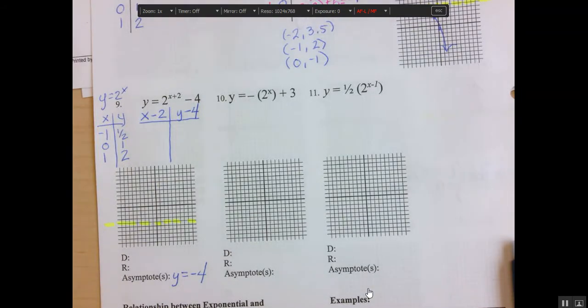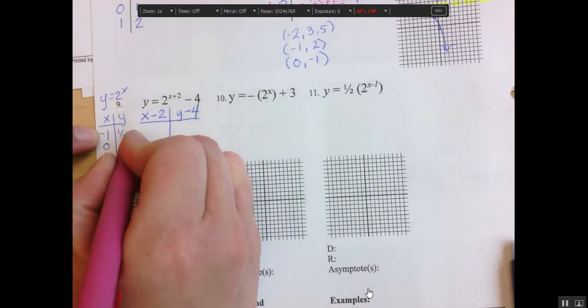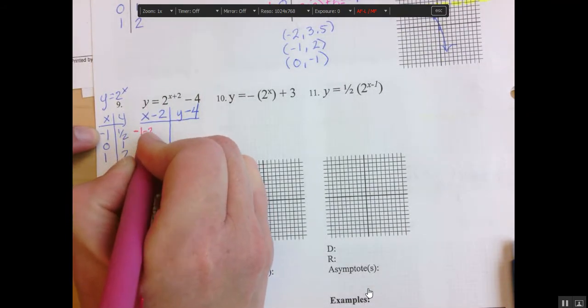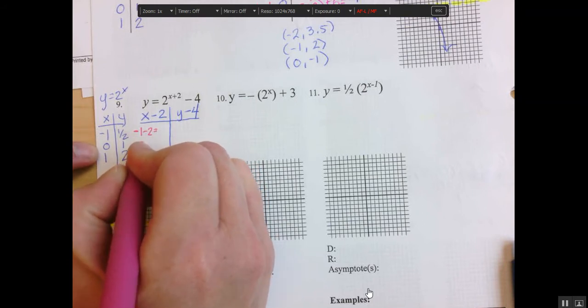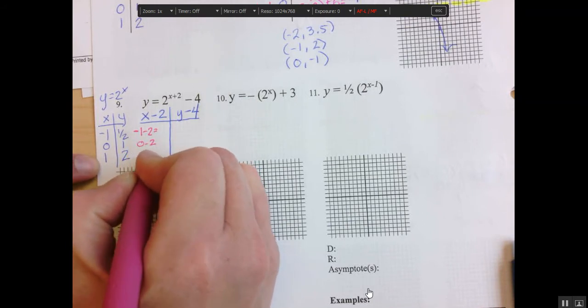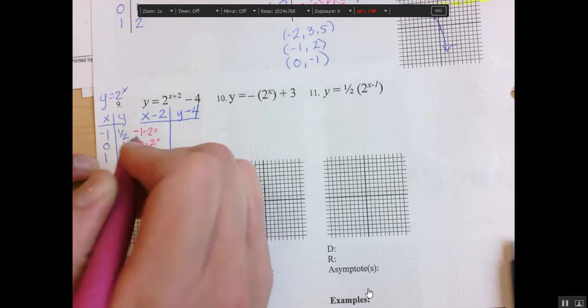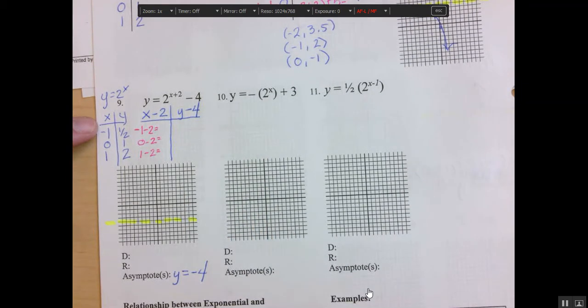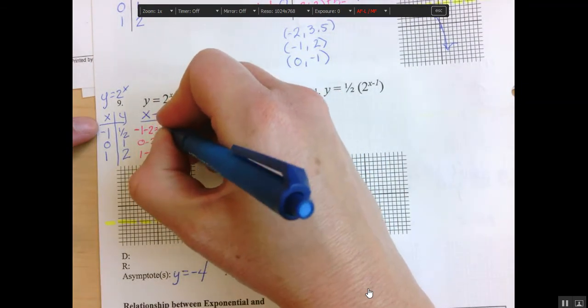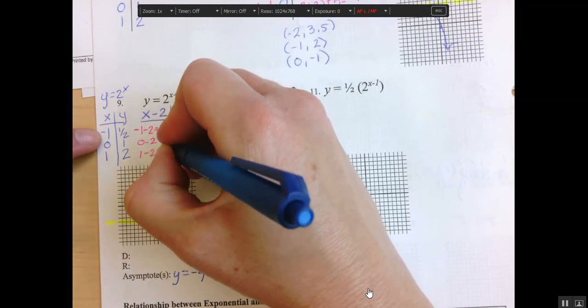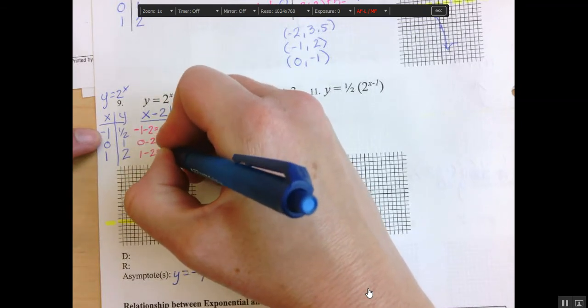Okay. Now if you can do this math in your head, you don't have to write it all out in the table. You can write just the answers in the table, but I'm trying to show you where the answers are coming from. So it's negative 1 minus 2, 0 minus 2, and 1 minus 2. I'm putting the x's for my parent function in here, and I get negative 3, negative 2, negative 1.